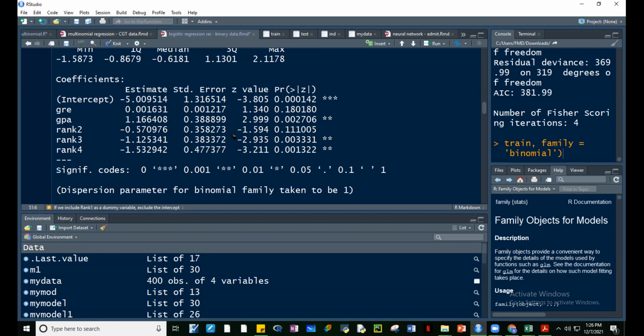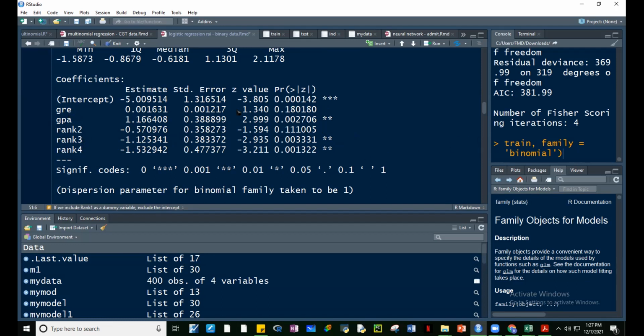Rank 2, remember when we interpret this should be interpreted in relation to your benchmark variable, which is rank 1. So rank 2 is not significant, but rank 3 and rank 4 are significant. So hindi natin, guys, we cannot remove rank as a predictor. Kasi although rank 2 is not significant, the others are significant, rank 3 and rank 4.